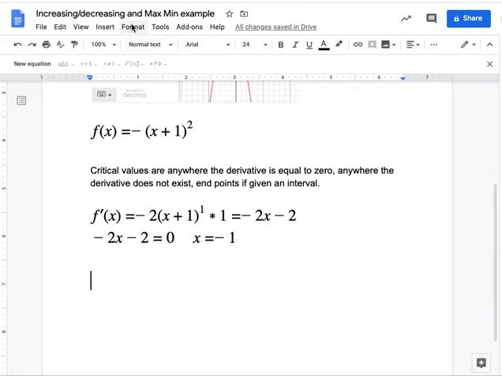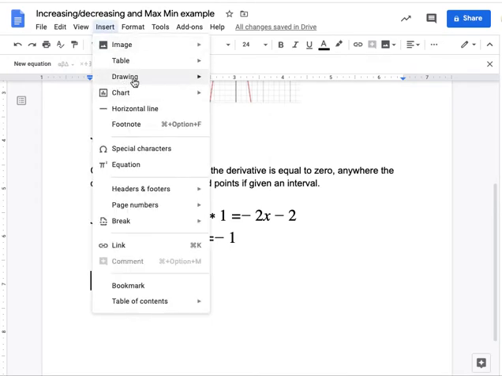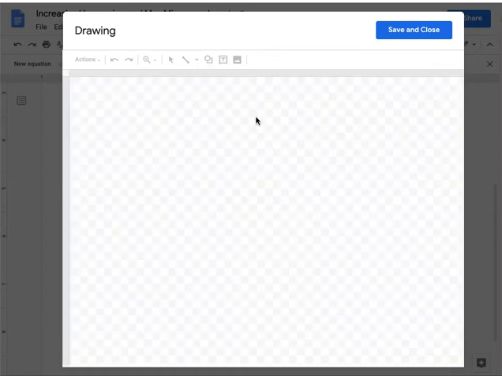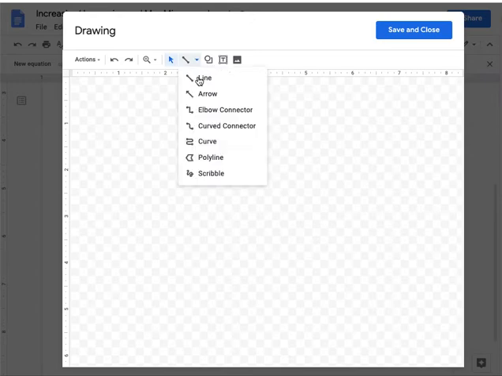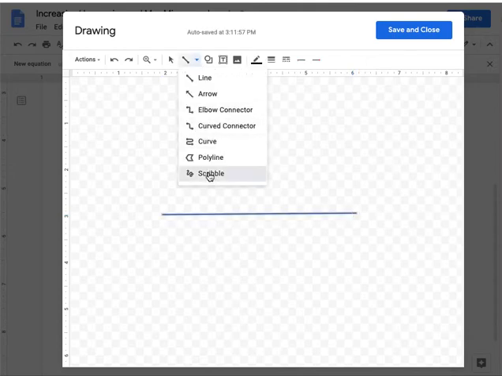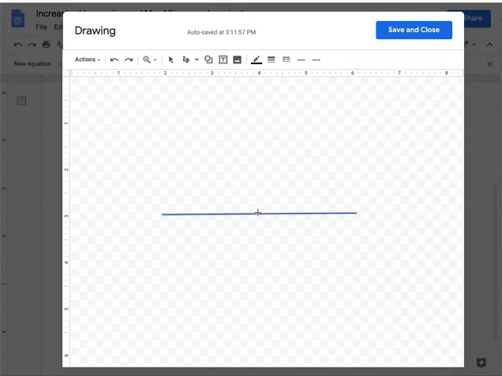It's going to separate our number line into different pieces. I'm going to draw a line, we're going to draw it from here, right across to here.